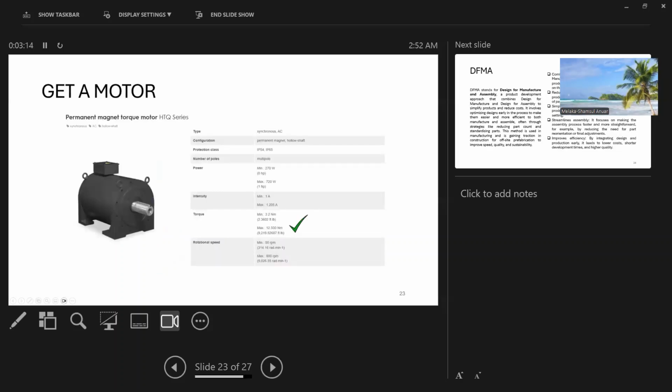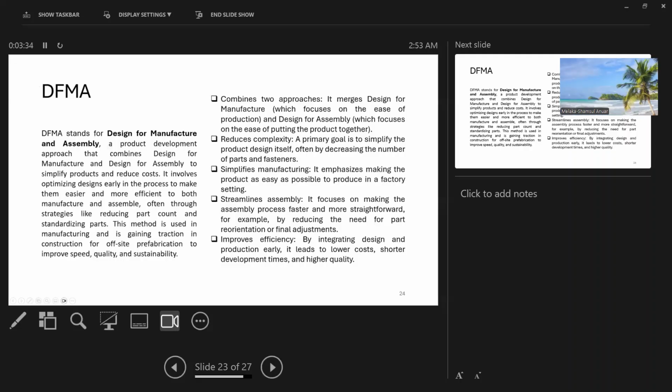Based on the 12,000 Newton-meter, we try to look for a motor that can go beyond 12,028 Newton-meter. So this one looks like a good candidate for this application.